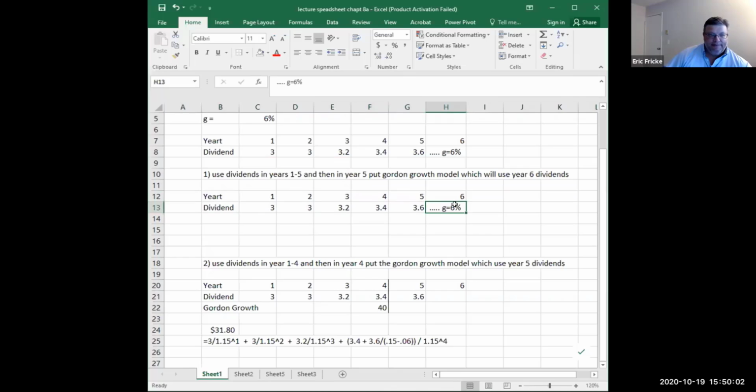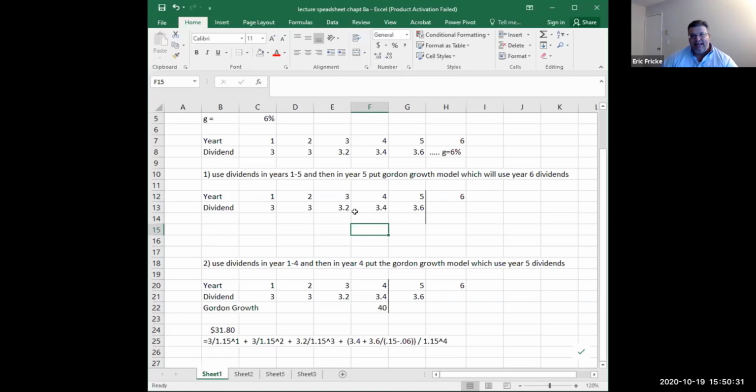So here we got the same dividends that were given. But this time, let's say you look at this problem and you say, I'm going to discount all 5 of the dividends given. So then your model is going to end right here. You're going to take the individual discount of each dividend, and you can do this.